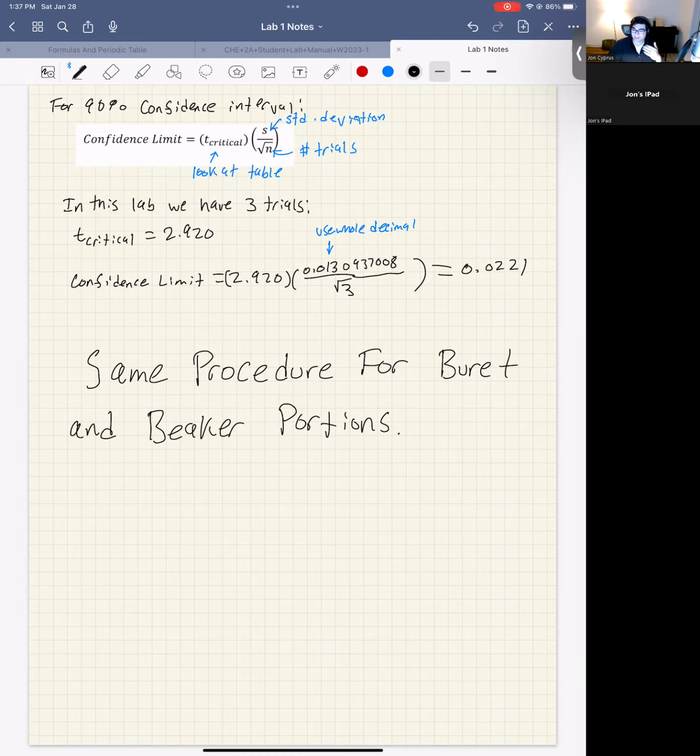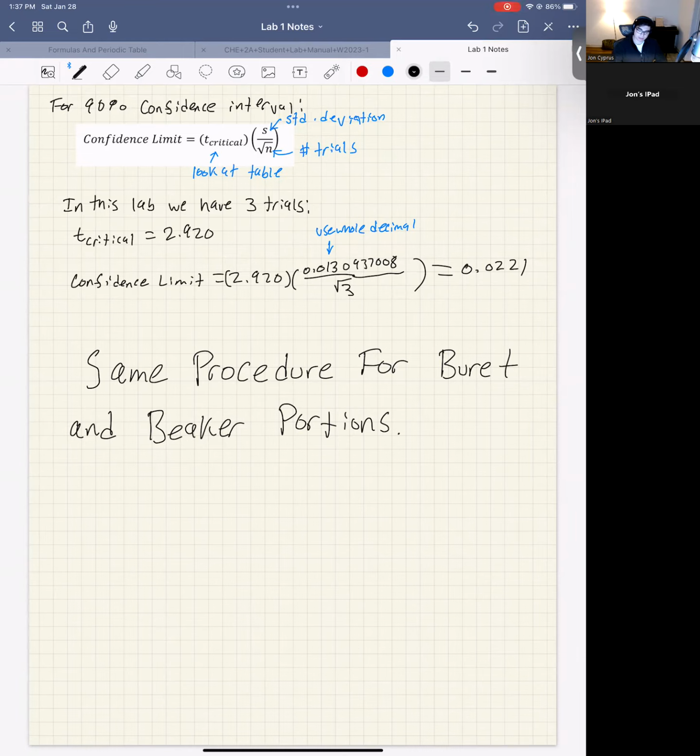So you're finding the difference of water that you added between each. I'm not sure in the beaker, I think you pour it out, but it's going to be the same thing here. In the burette, you don't empty your flask, you just end up keeping the water in there. So it's the same procedure here.